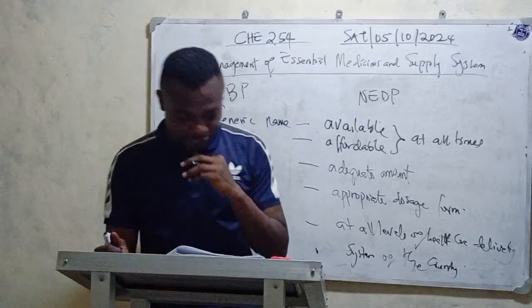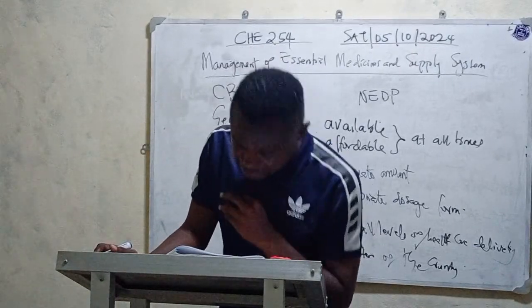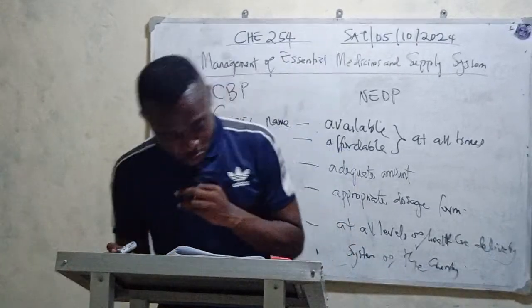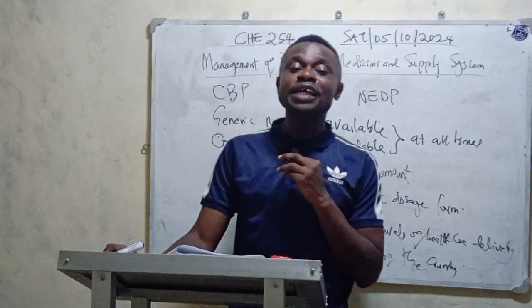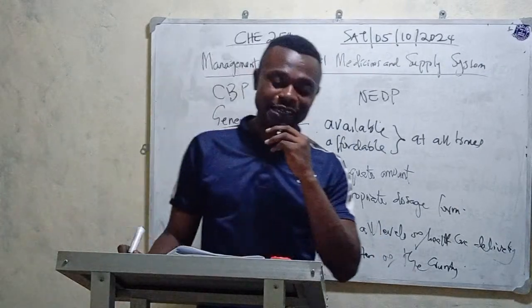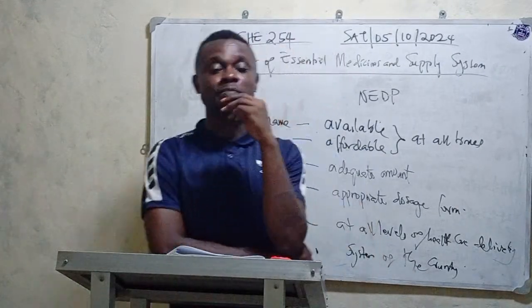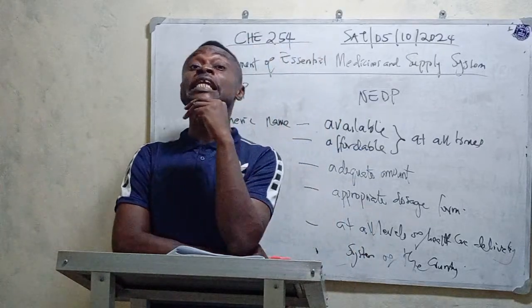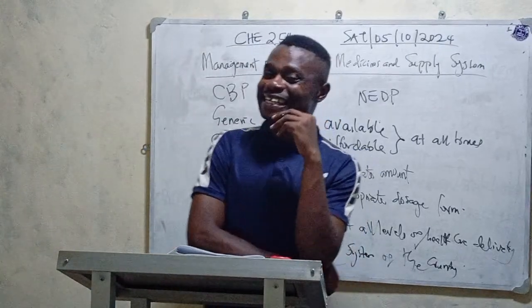Another objective of this NEDP is to ensure that only the drugs that are needed by the system are the ones they purchase. They bring in only drugs that are needed in the system.